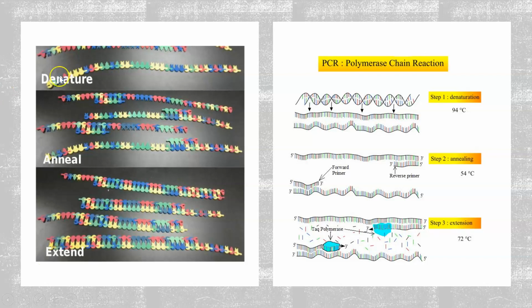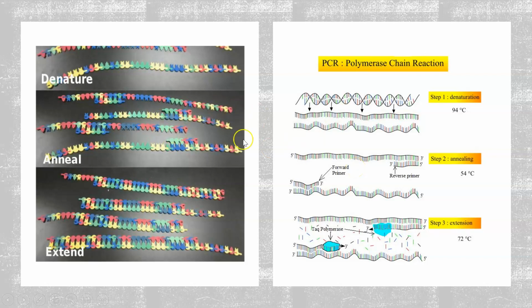So we've got two different representations here. We've got step 1, that denaturation, so it's been heated and it's separated the chains out. The annealing, and you'll see the temperature difference here. Okay, so we've got a forward primer and a reverse primer working.